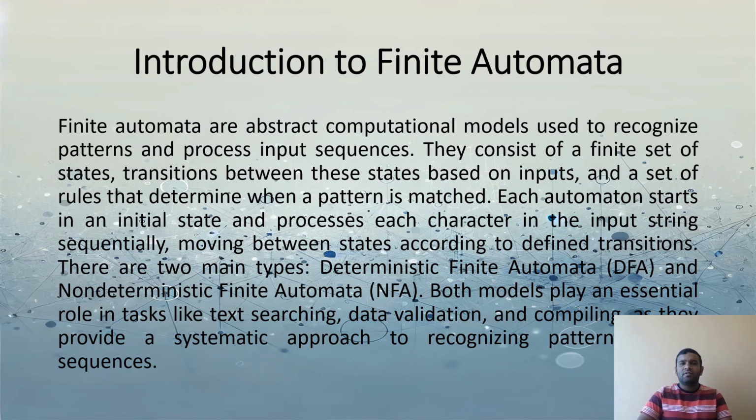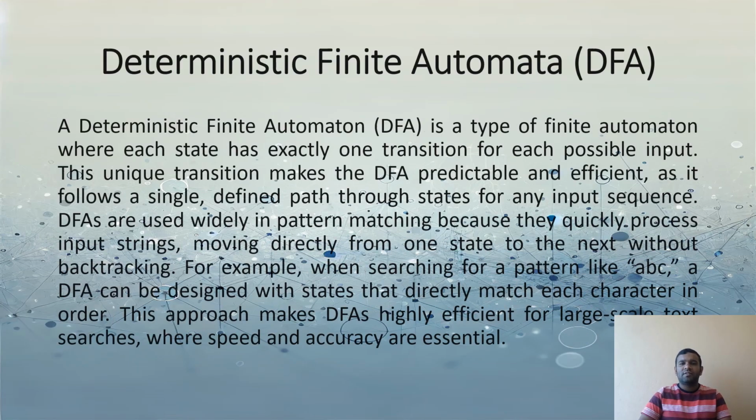Next is about deterministic finite automata, which is DFA. A DFA is a type of finite automaton where each state has exactly one transition for each possible input. This unique transition makes the DFA predictable and efficient as it follows a single defined path through states for any input sequence.